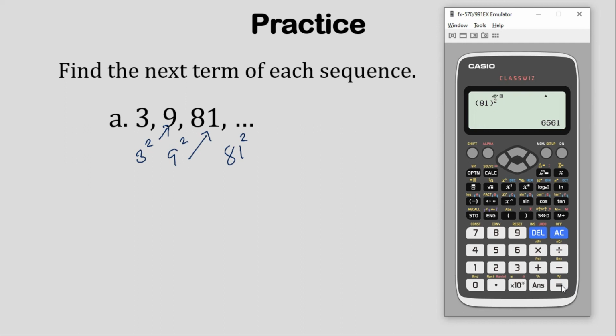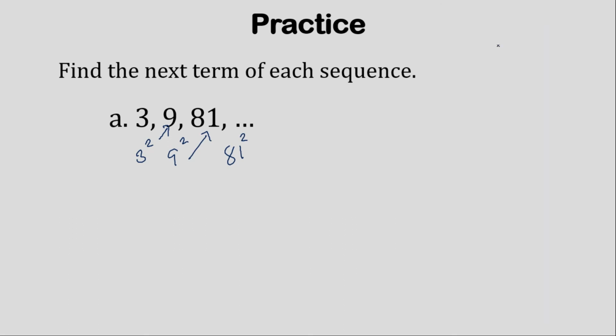We know that the answer for this is 6,561. So that's how we get the pattern for this example. So the answer is 6,561. This is an unusual pattern, but it happens.